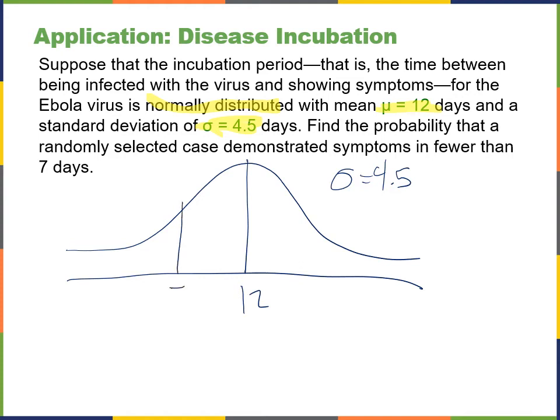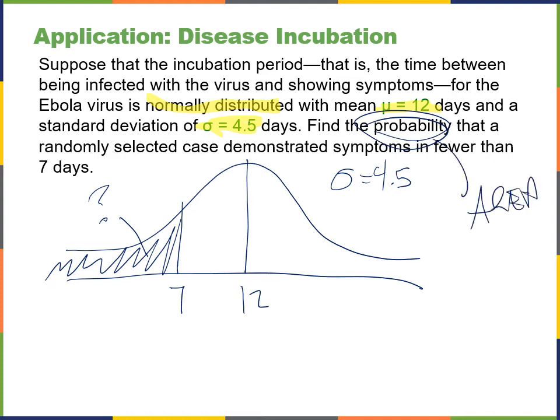Okay. So fewer than 7, that's what we're looking for. If we're looking for a probability, remember, we're looking for an area. So, we need to convert 7 to a z-score. Once we convert 7 to a z-score, we need to find the area to the left of that z-score.